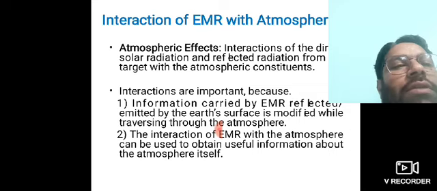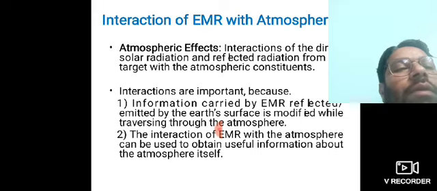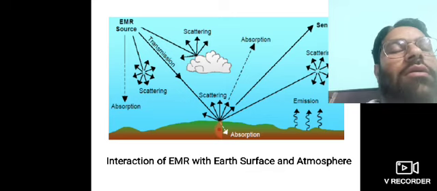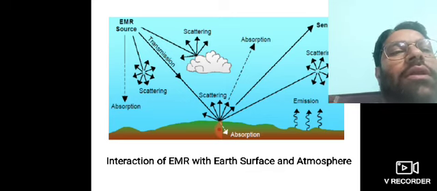The information carried by EMR reflected or emitted by the Earth's surface is modified while transmitting through the atmosphere, and sometimes the interaction of EMR with the atmosphere can be used to obtain useful information about the atmosphere itself. This is the diagrammatic representation of how the radiation interacts with Earth's surface and atmosphere.